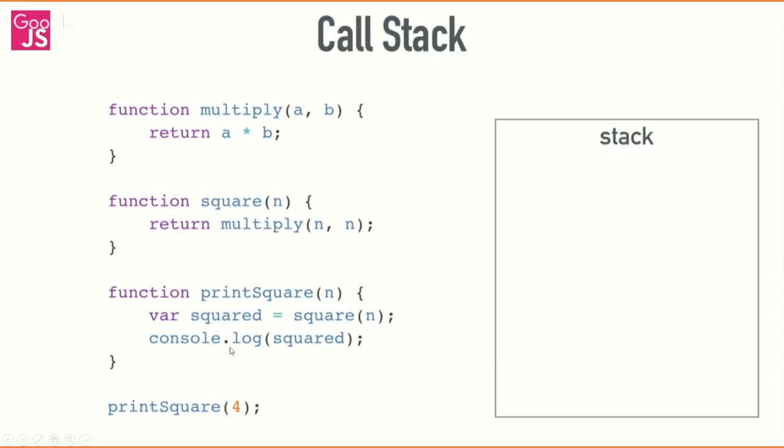And we simply console log that to the console. So here we're gonna console log 16, and once we do that, this function returns. I mean, we've not written return, but it's implicit, and this function finishes its job, so we can remove it from the stack, and that's all the stack does.